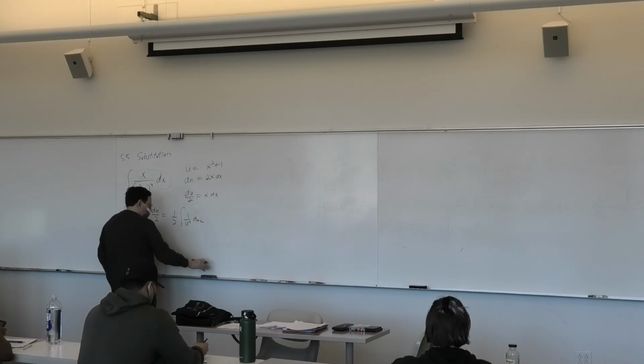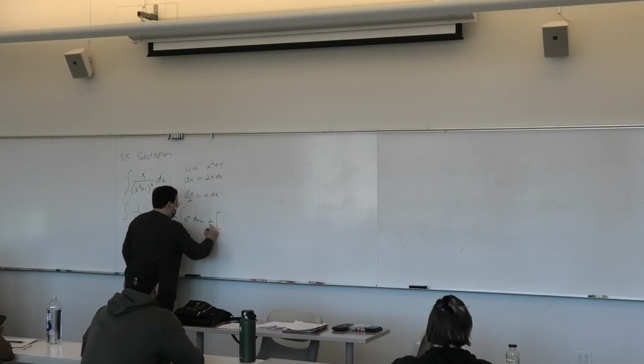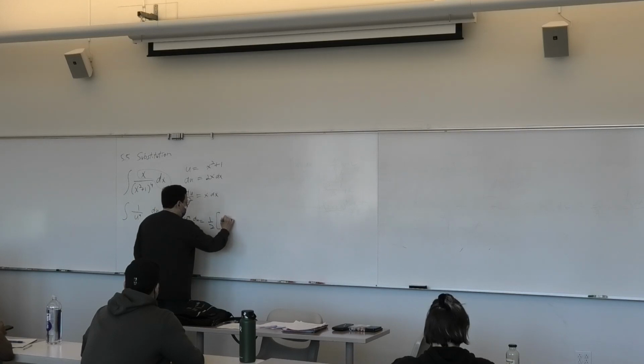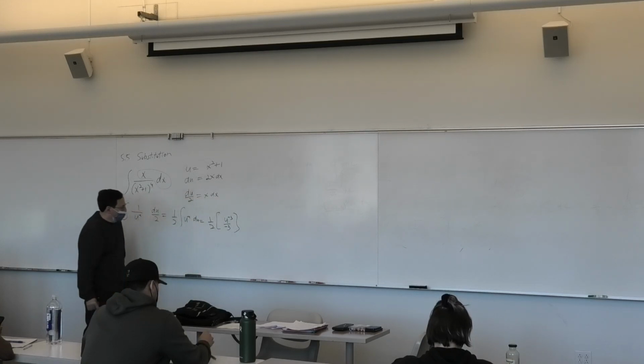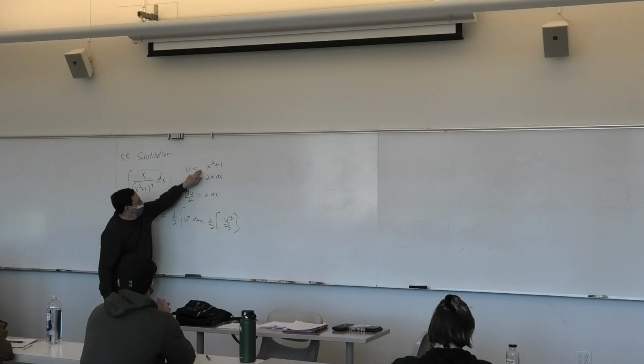Let me rewrite this as u to the negative fourth. And so we can use the reverse power rule. Be u to the negative 3 over negative 3, and so forth. And then we just have to plug back in for u here.